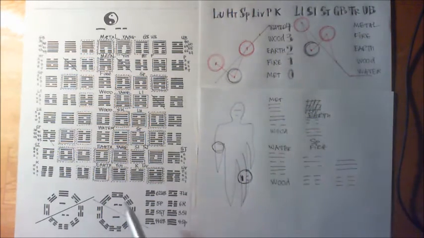So if we look at Fusi, one is the yang and another one is the yin, so it fits perfectly with Fusi.